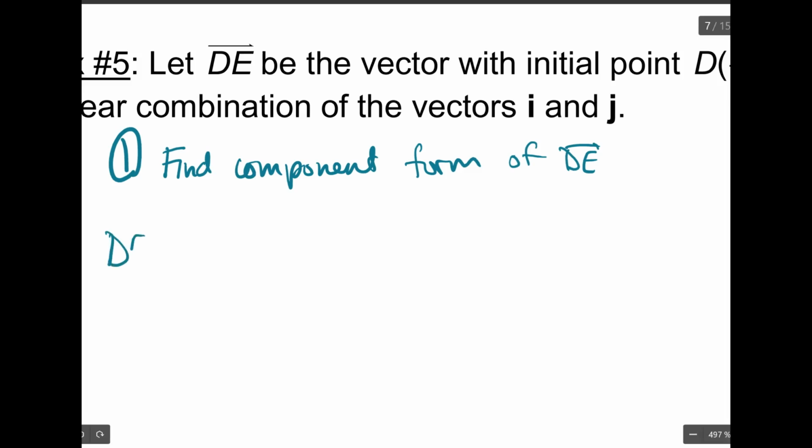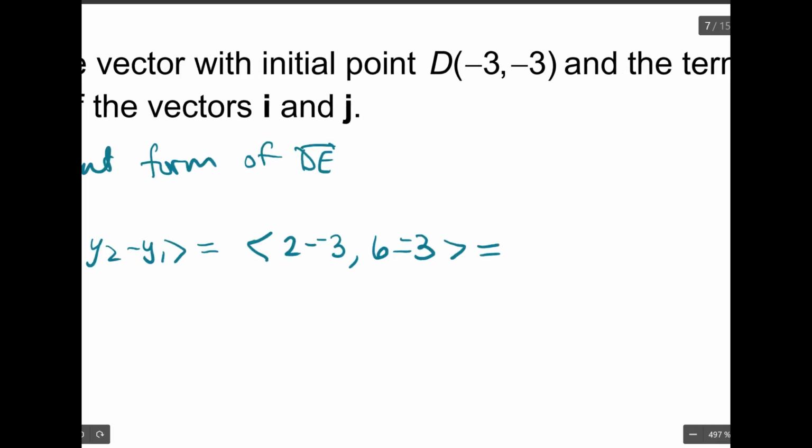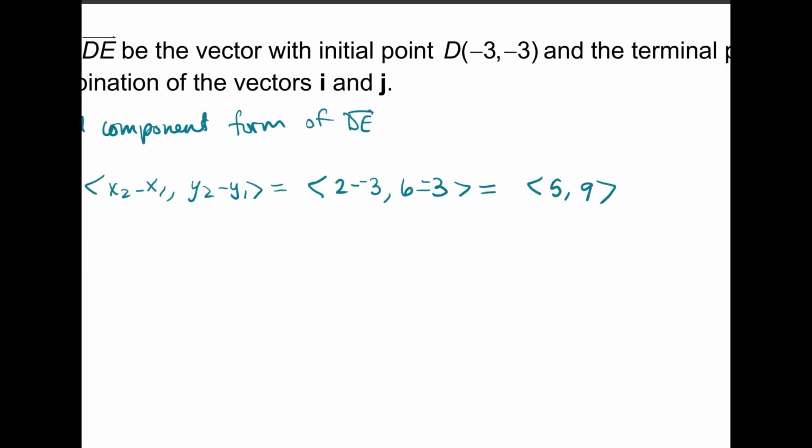Vector DE is going to be x2 minus x1, comma y2 minus y1. So that will be 2 minus a negative 3, comma 6 minus a negative 3. We will find that it is 5, comma 9. Component form, check.